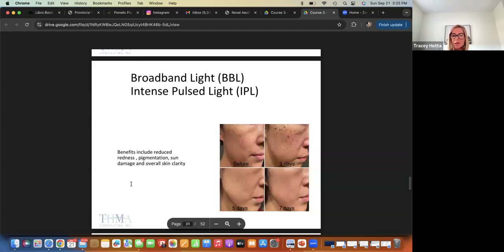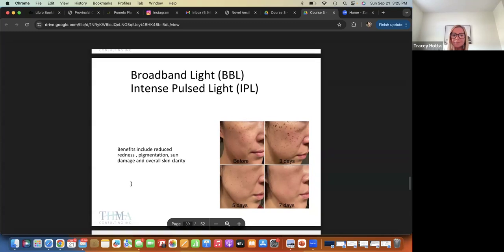They can decrease the size of your pores, but mainly their target is redness and pigmentation. So benefits include reduced redness, pigmentation, sun damage, overall skin clarity. We use this a lot in our clinic for rosacea. It works beautifully for just decreasing the flushing and the overall redness.